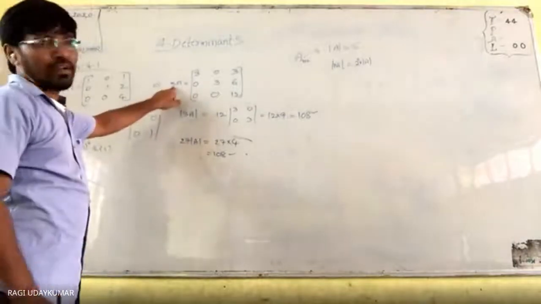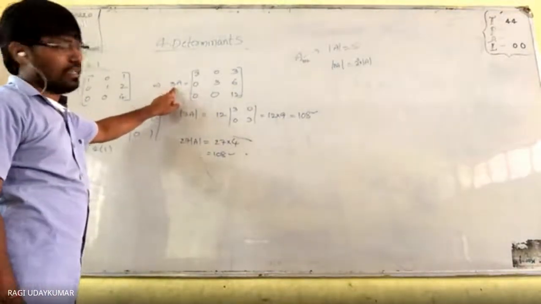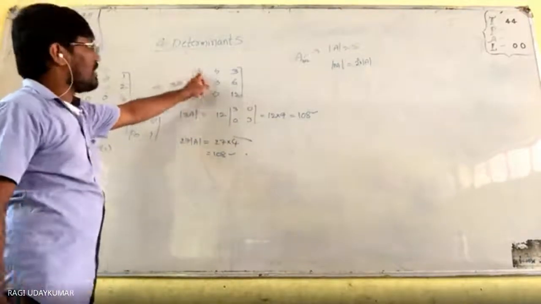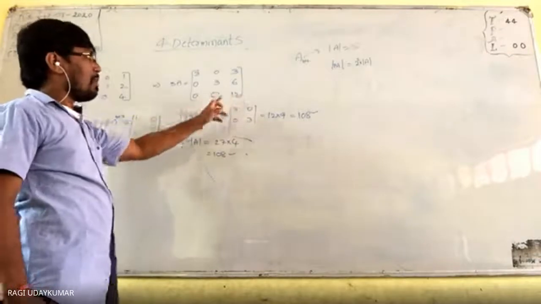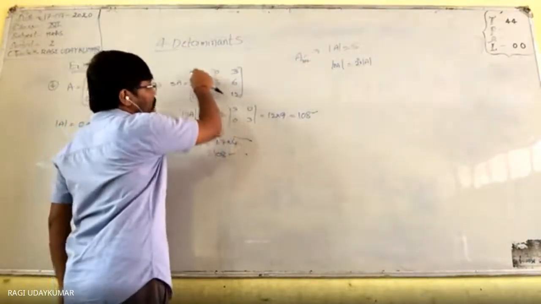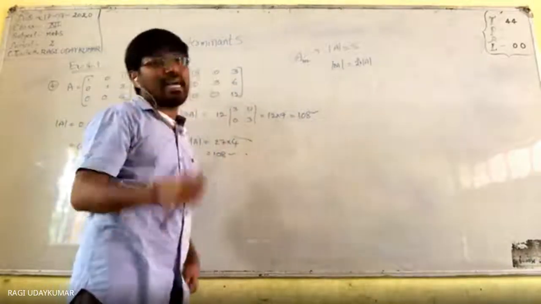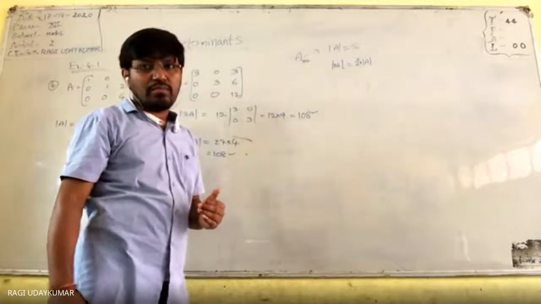Let us assume that you multiplied by 4. So what do you get here? Here 4 comes, here 4 comes, here 16 comes. That means again you are going to take 4 out, and these 4 and 4 multiply. 4 to the power 3 extra comes, in every determinant power of 3.